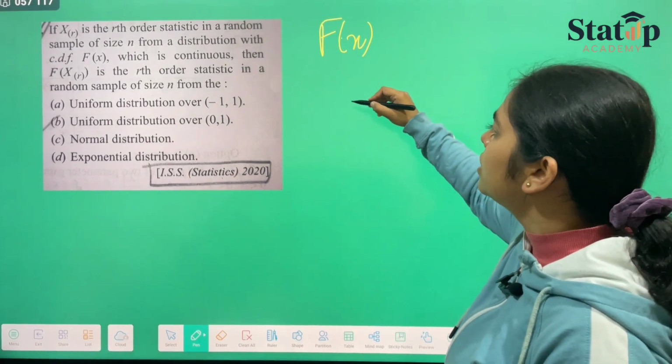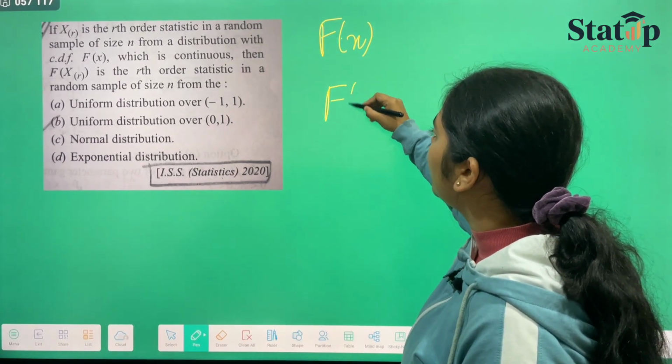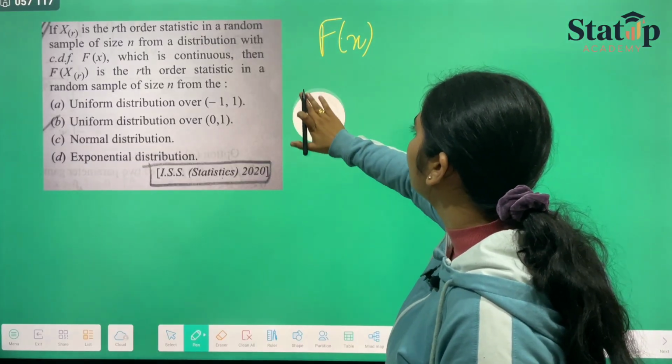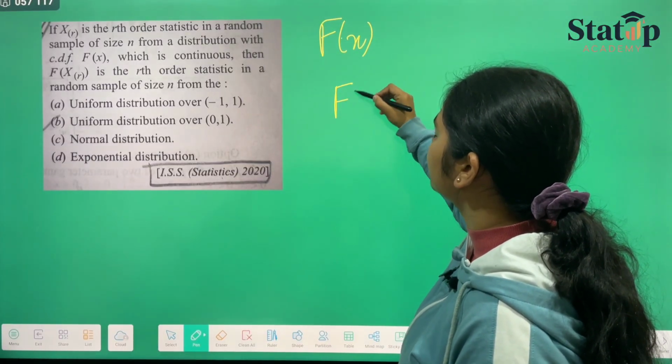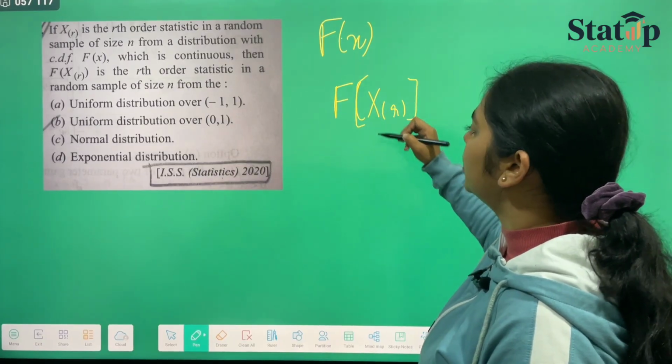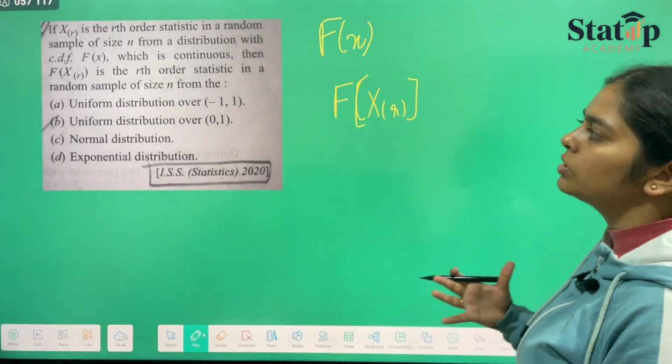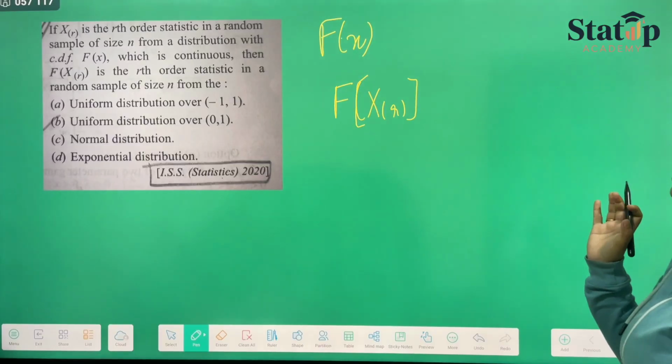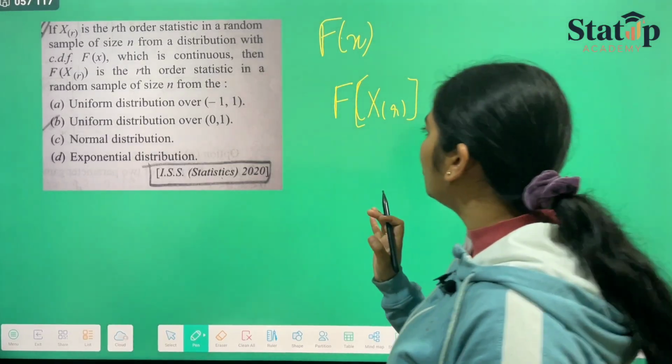Then Fxr, so they want to know about the CDF of the rth observation. This is what they want to know. It is easier, it is not complicated.